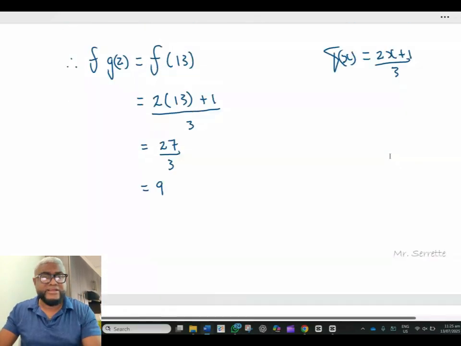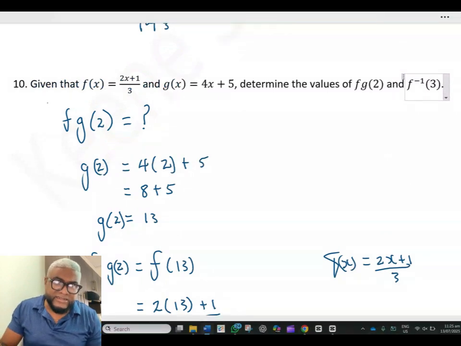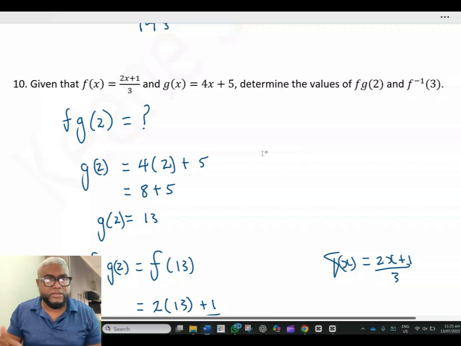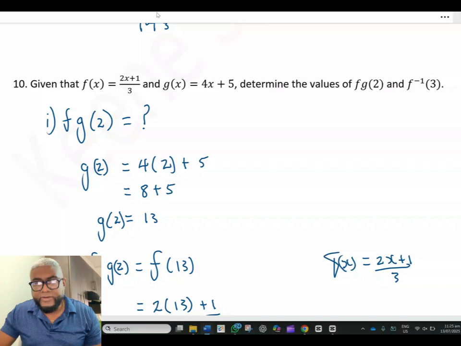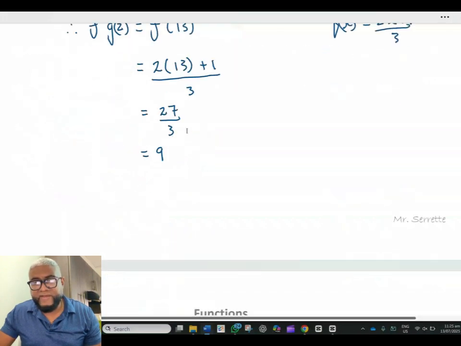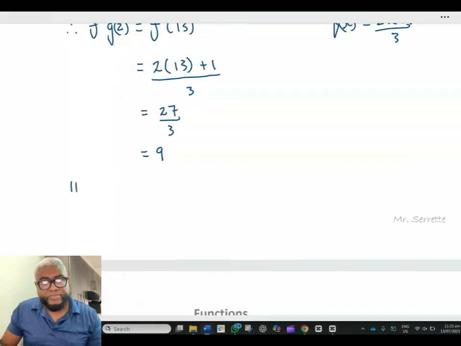Let me write that down here. This was part 1 of the question. And then we go down and find part 2 down here, which is f negative 1 of 3. So part 2, you need to find f negative 1 of 3.